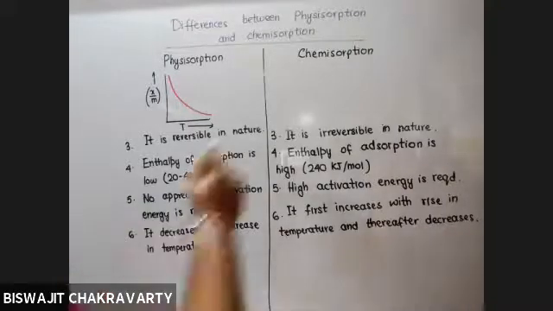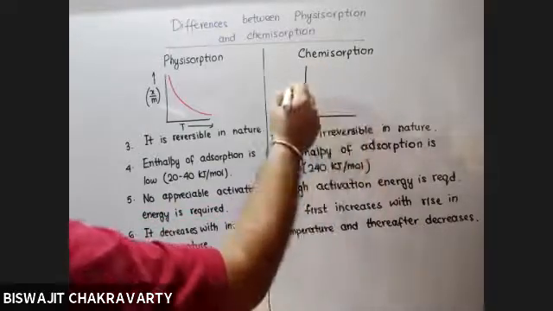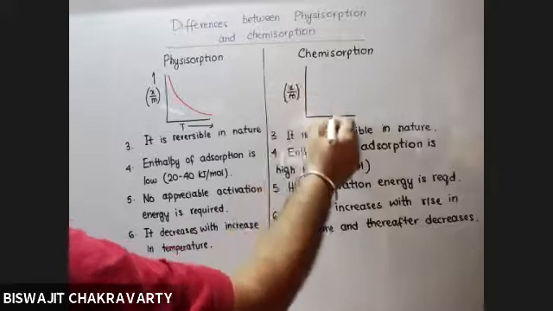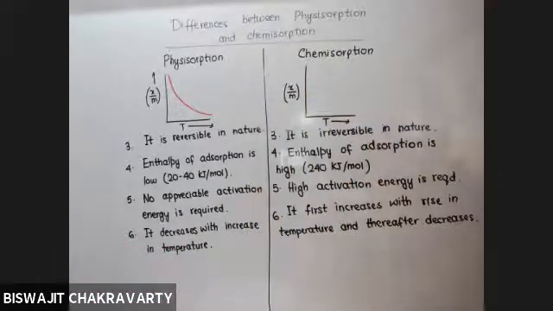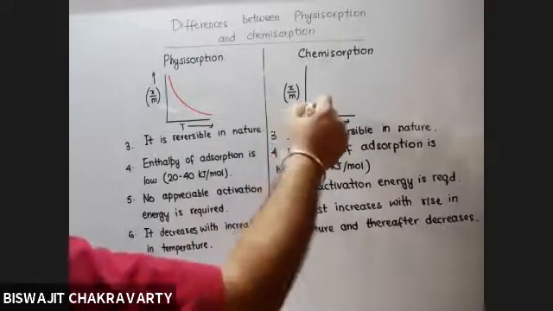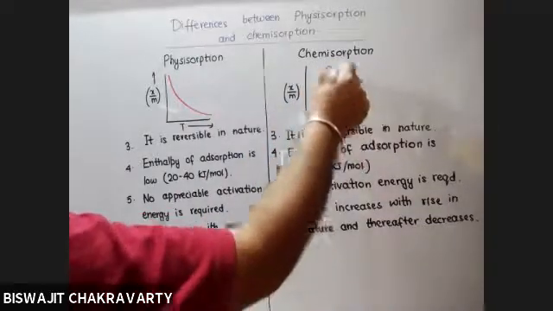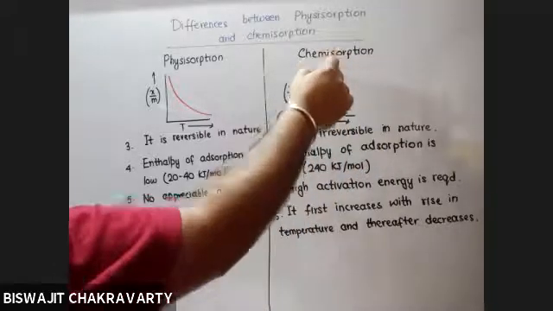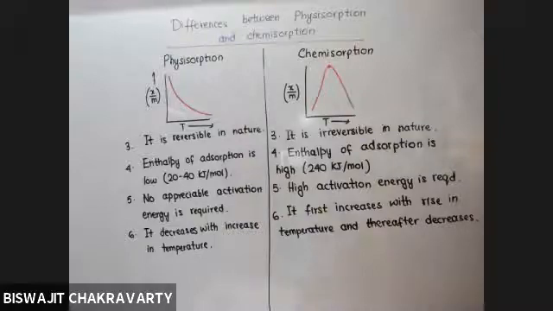But if you plot a graph for chemisorption for x by m versus temperature, then being a chemical reaction, first the rate of reaction increases, and once the adsorption is completed at this point, at the tip, when all the chemical reaction is over, it will simply behave like a Physisorption, and thereafter if you further increase the temperature, there will be decrease in the adsorption process, and that is why we get difference in the behavior of the graphs in Physisorption and chemisorption.